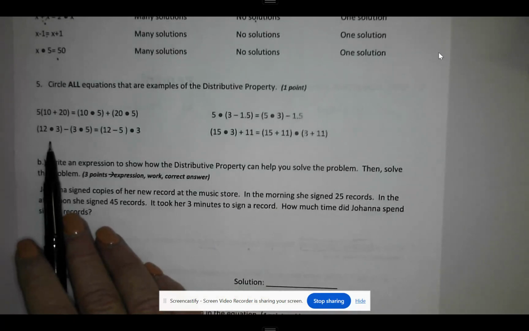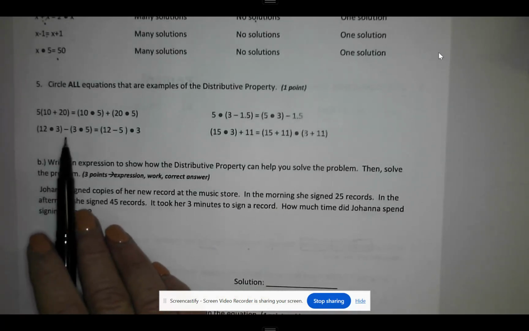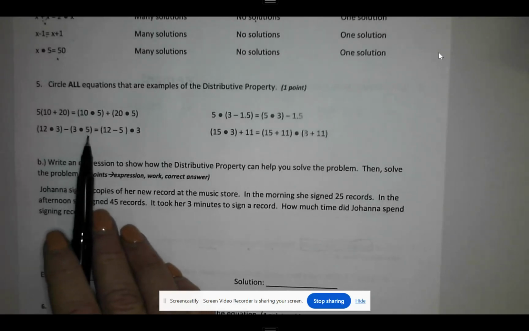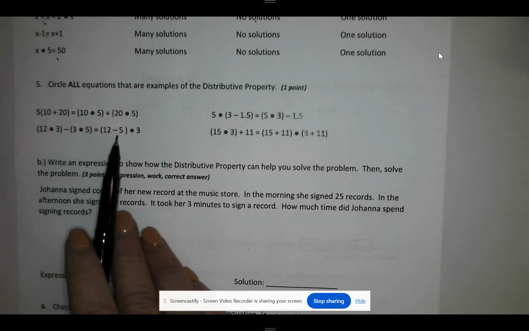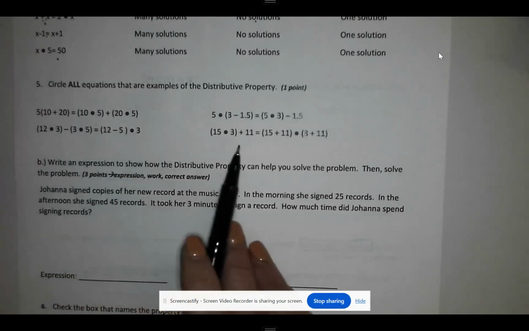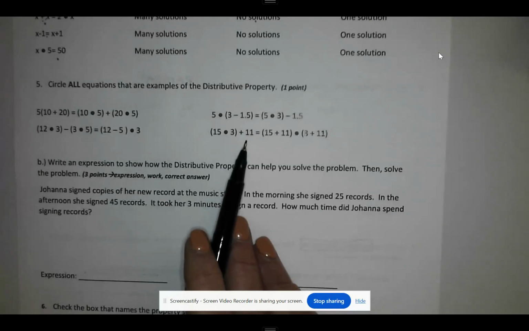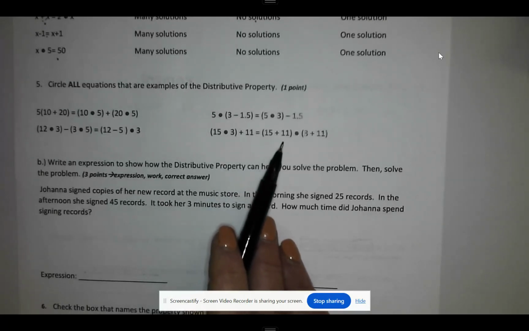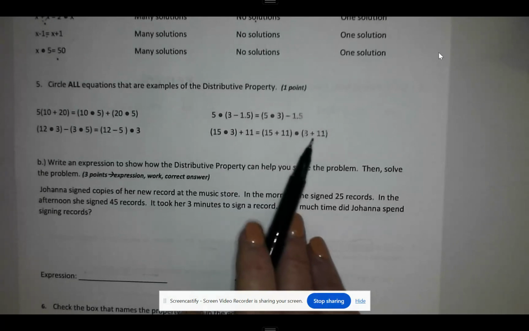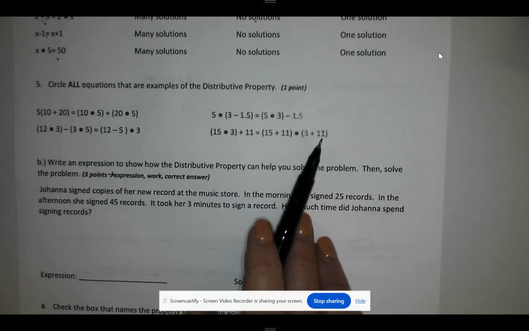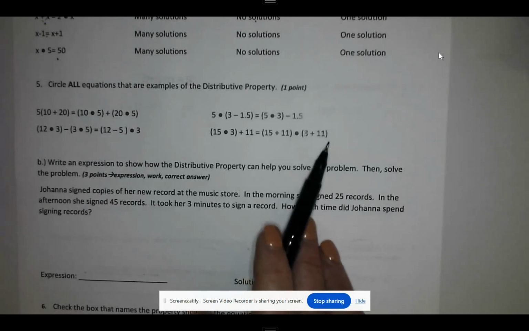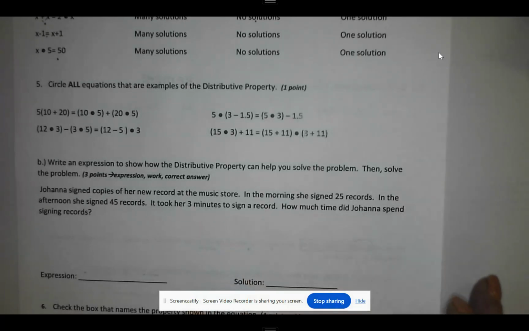Next one is 12 times the quantity, 3 minus 3 times 5 equals 12 minus 5 times 3. Finally, 15 times 3 plus 11 equals 15 plus 11 times 3 plus 11. Pause the video to circle all equations that are examples of the distributive property.